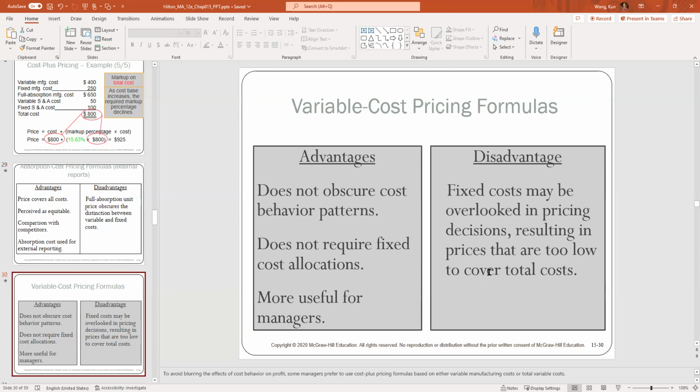And the disadvantage is you may ignore or underestimate the fixed cost in your pricing decisions. Like when I accept a special order, I may underestimate the equipment usage for this special order. So when I charge the price, I only charge the variable cost, but actually I use the equipment, right?